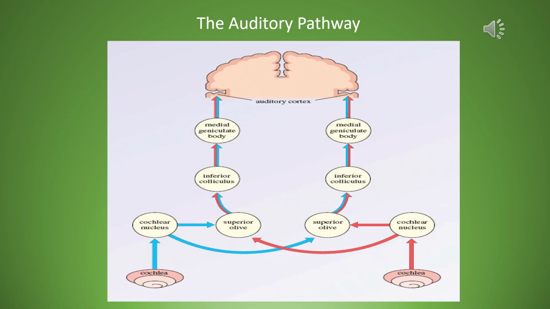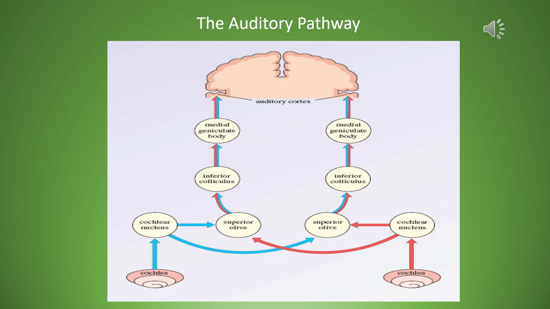The first order neuron goes from the organ of Corti to the cochlear nucleus, and synapses there with the second neuron. The second neuron goes to the inferior colliculus of the midbrain. It does synapse there. That's where our third neuron begins. From the inferior colliculus, we go to the medial geniculate nucleus of the thalamus, and synapse there. So we have a fourth order neuron in the auditory pathway going from the thalamus to the superior temporal gyrus.